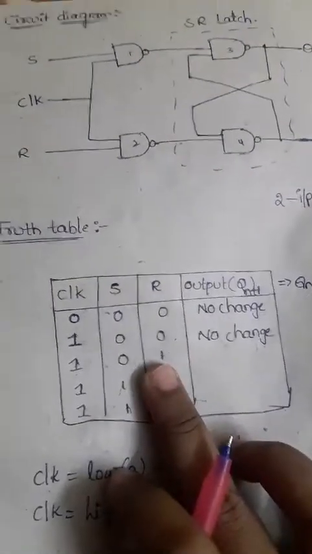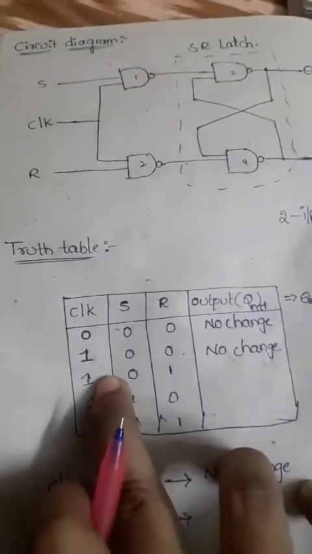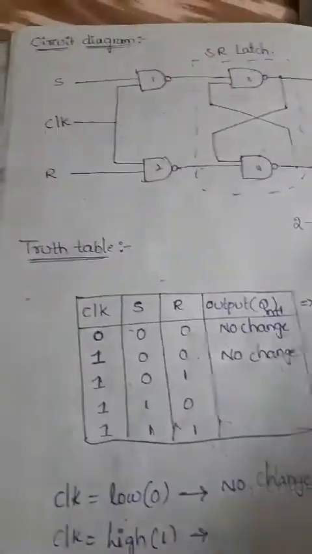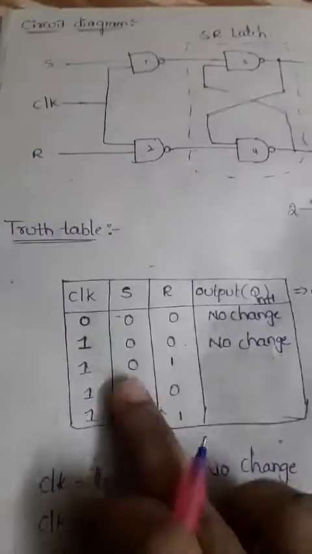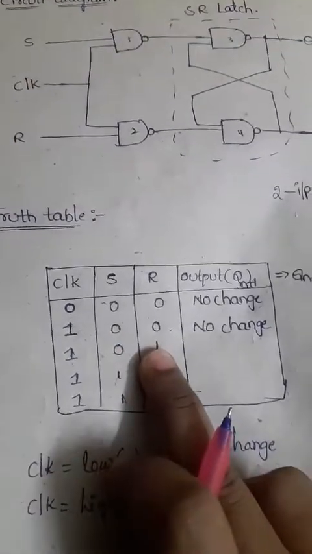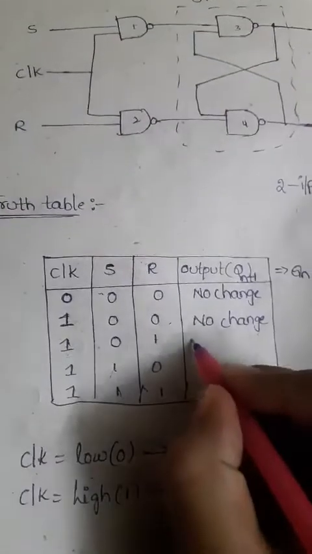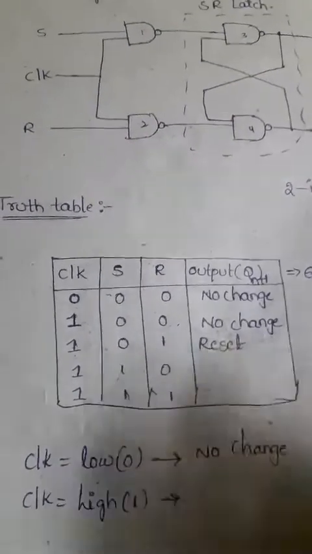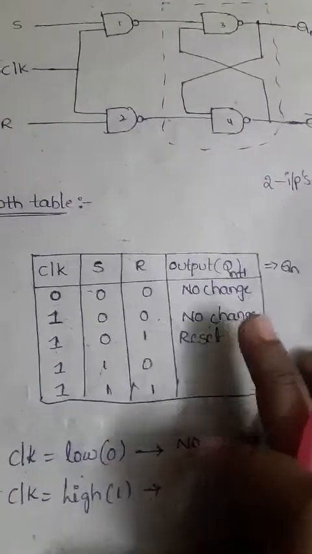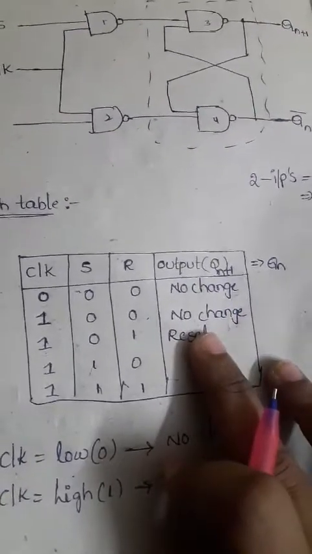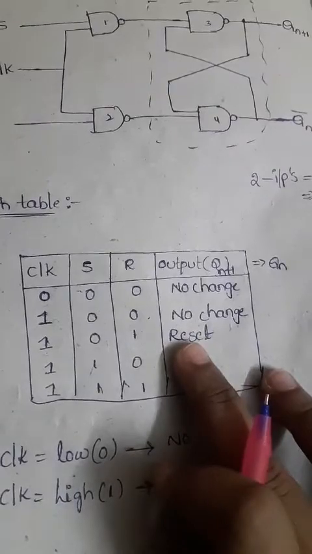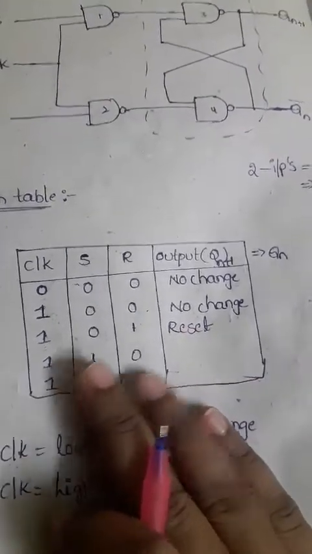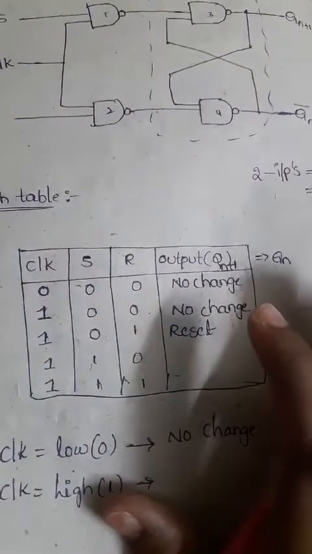Now coming to the second case. If the clock is enabled, that means clock is high, then the input S will be 0 and R will be 1. Then the flip-flop enters into the reset mode. In the reset mode, the data inputs reset the output Qn plus 1.